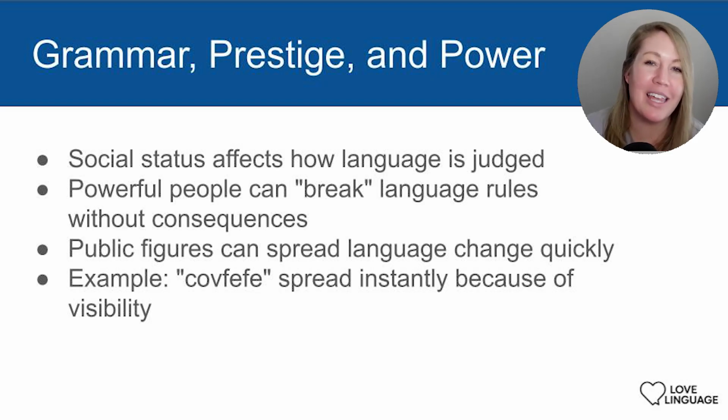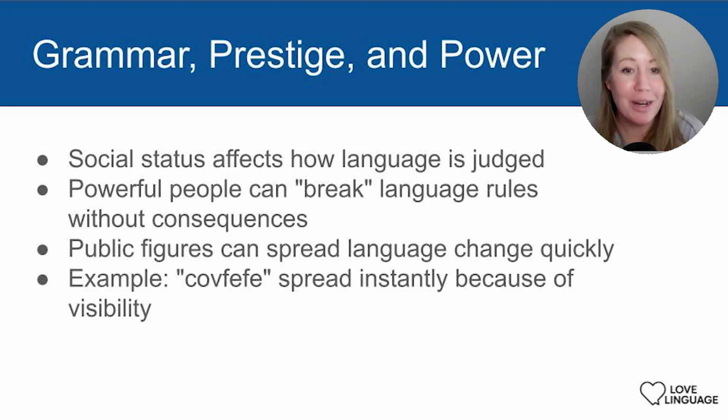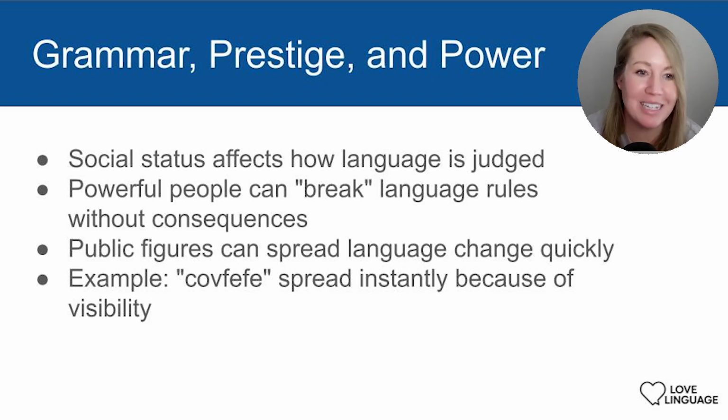Normally language change occurs very slowly, like person to person over time. But when something is produced by a highly visible public figure, it really can spread instantly. So again, grammar is not just about rules, it's about social dynamics and visibility and power and prestige.